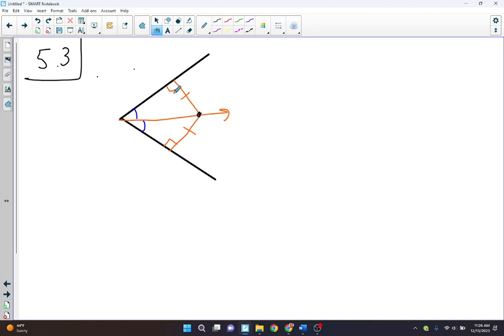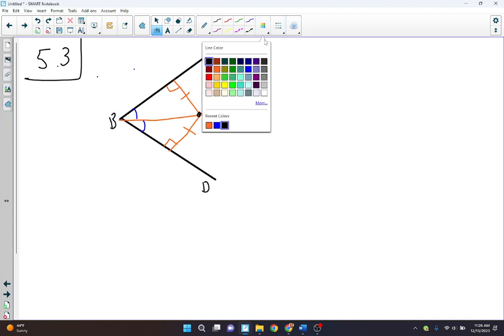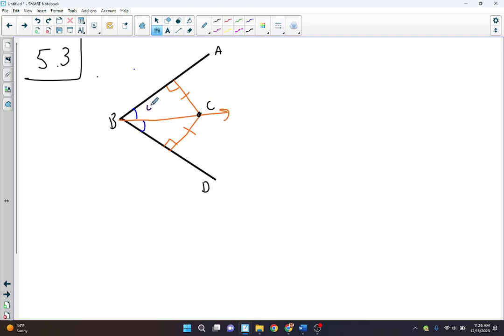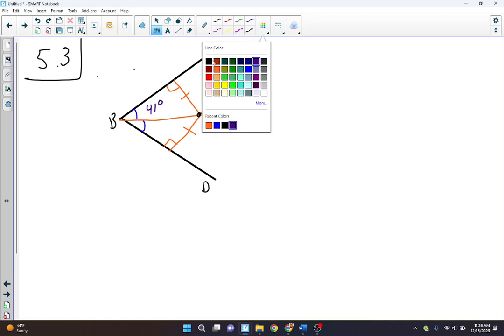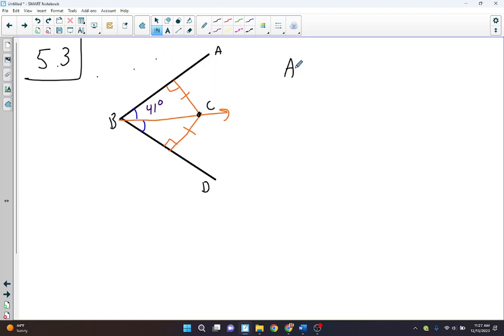With that in mind, let's say I ask you about A, B, C, D. If I say this is 41 degrees, and I ask you what is angle CBD, that would be 41.